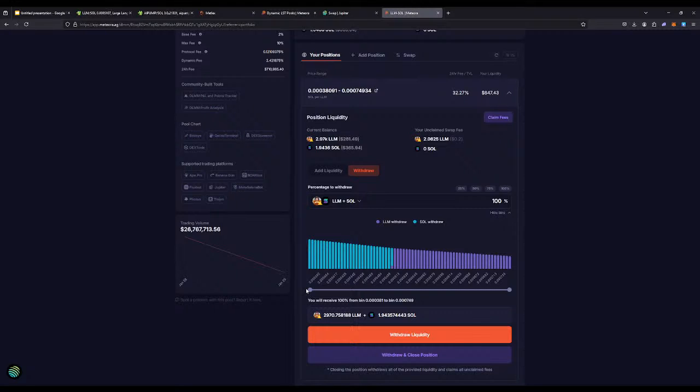I was just talking to somebody in the Discord, and I had conversations with people earlier as well in the Discord channel, and the feeling that I got was that people want to do it, but they have some sort of apprehension towards providing liquidity. But it's super easy.